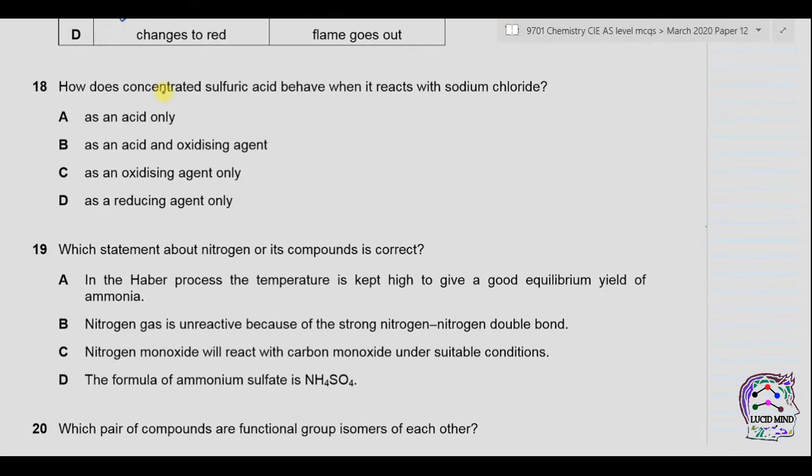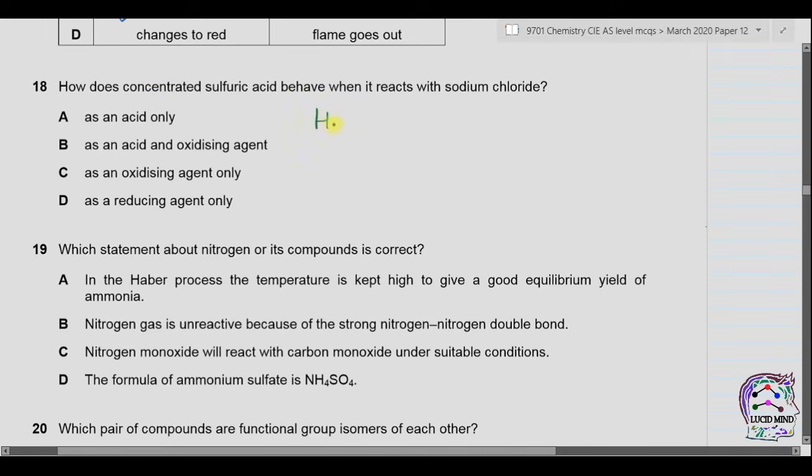Question number 18. How does concentrated sulfuric acid behave when it reacts with sodium chloride? So let's write the chemical equation. We have sulfuric acid and sodium chloride. It will give sodium sulfate and HCl. Let's find out the oxidation states.